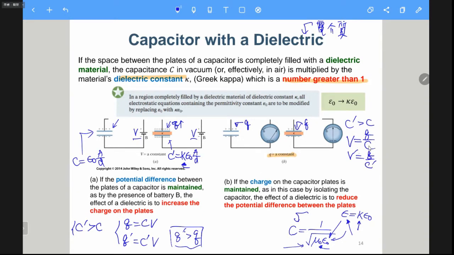Since C prime is larger than C, V will be larger than V prime. So this is the other case.